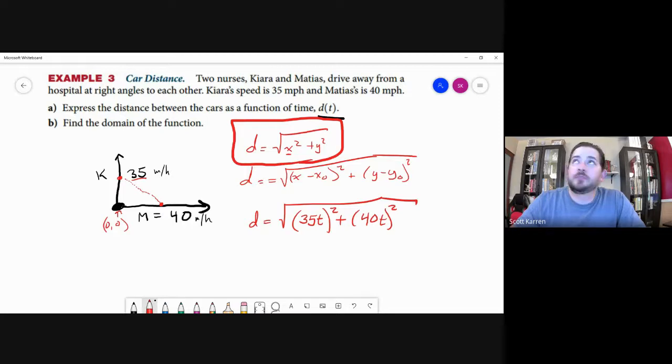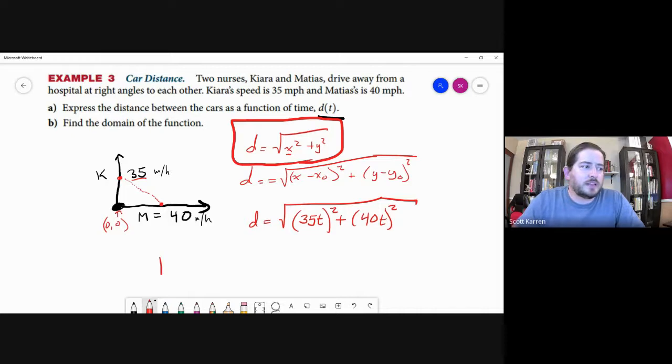Now, part B here says find the domain of the function. Well, the domain could be anything, because if I square it, whatever that t is, even if it's negative, it goes positive, but that doesn't really mean anything in the context of this problem.